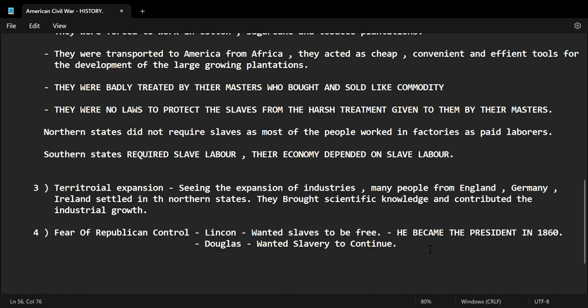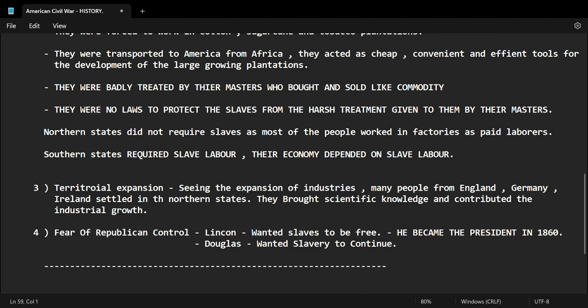To prevent it again, he made this declaration. However, the southern states did not want to accept any rules, and they wanted to fight in the battlefield. So in April 1861, the southern states, the Confederates, attacked.